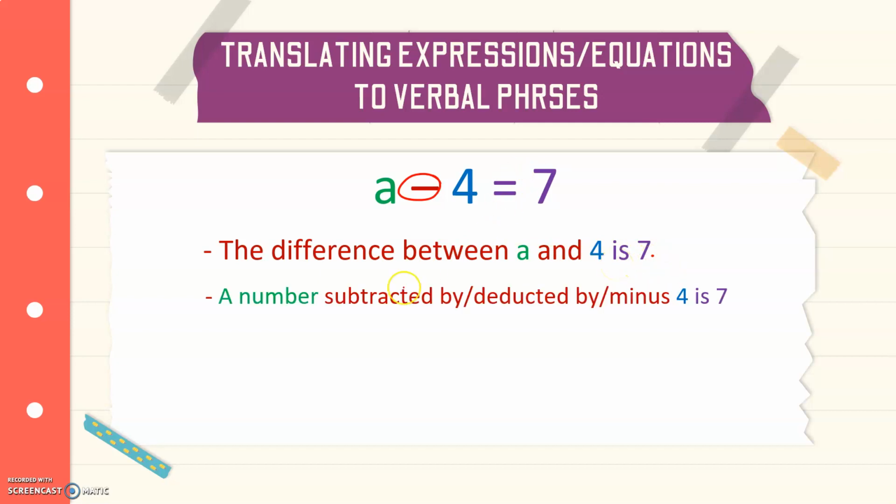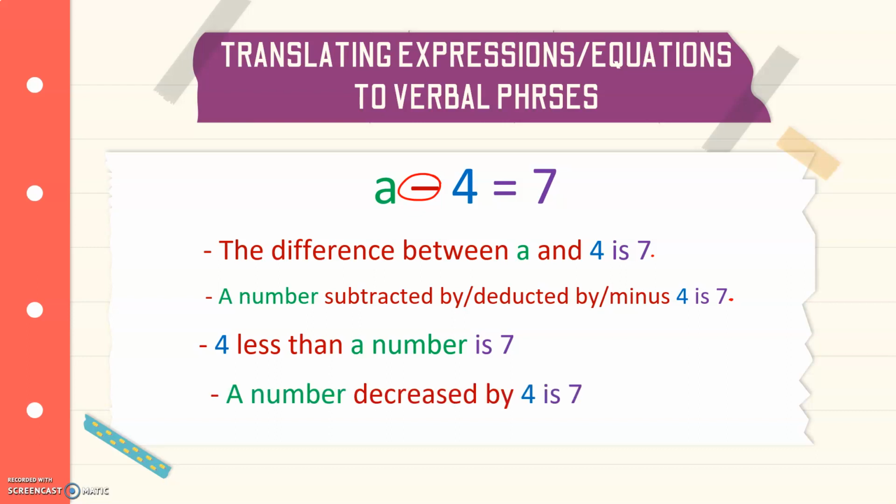We can also have a number subtracted by 4 is 7, or a number deducted by 4 is 7, or a number minus 4 is 7. Okay, again for is, you can make use of equal or is equal to. Another one, 4 less than a number is 7, and a number decreased by 4 is 7.